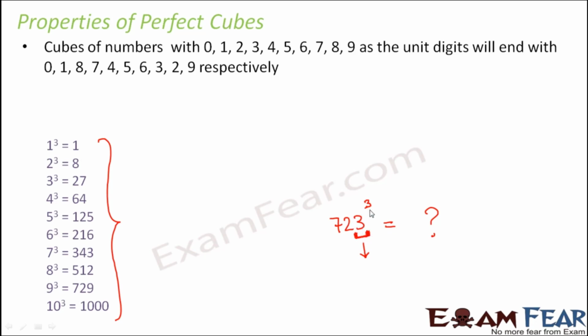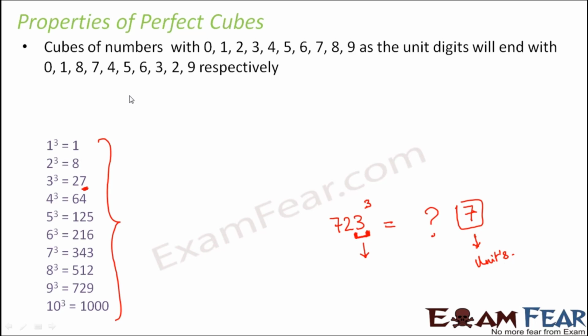That is, if 3 cube is equal to 27, where 7 is the units digit, that means that when you find its cube, the units digit will be 7. So in the result also, the units digit would be 7.